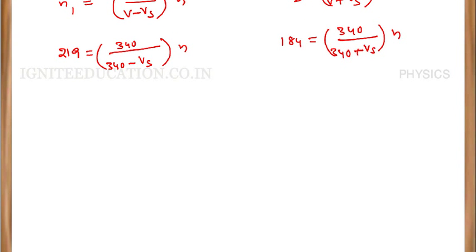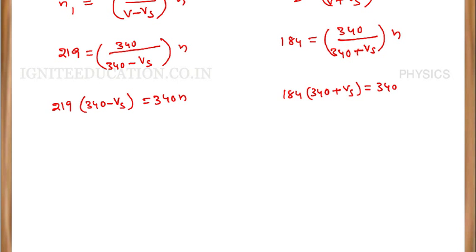Now by readjusting these formulas, I will get two equations: 219 into 340 minus vs is equal to 340 n, and 184 into 340 plus vs is equal to 340 n.